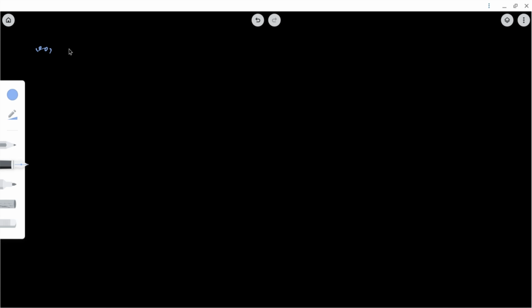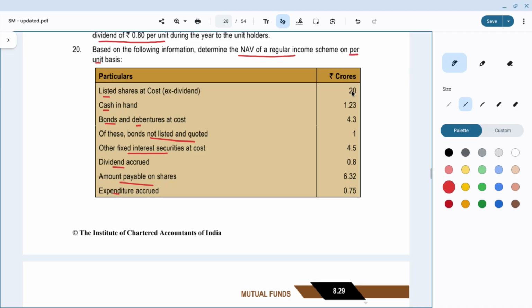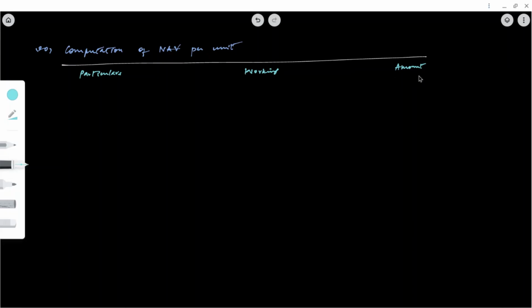Question 20. Computation of NAV per unit. Particulars, working, amount. If you see here, it is in rupees crores.